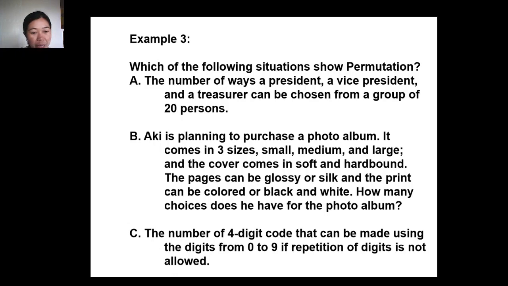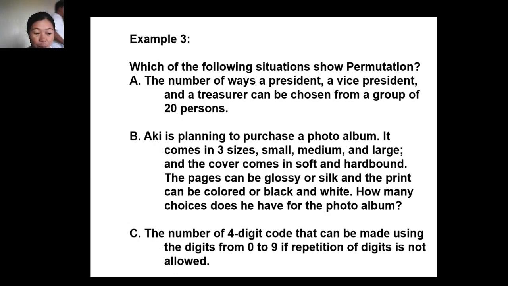So, for letter B, if we're going to analyze, this is not permutation because the choices come from different groups like sizes, cover, pages, and print. And choosing from different groups tends to have repetition.